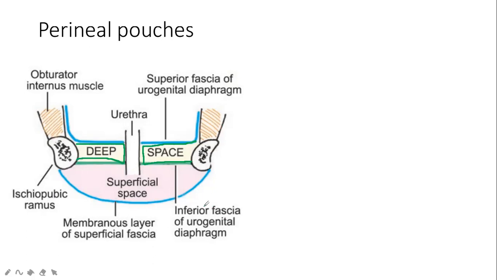And remember the superficial fascia, how we divide it into a fatty layer for the abdomen and then a membranous layer, the Scarpa's fascia. This Scarpa's fascia within the region of the perineum is now called the Colles fascia.